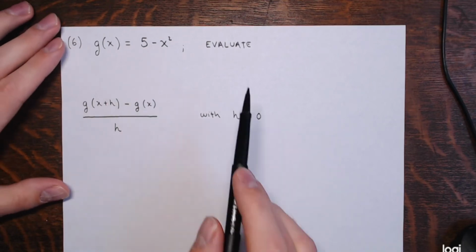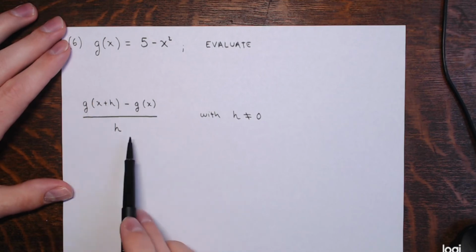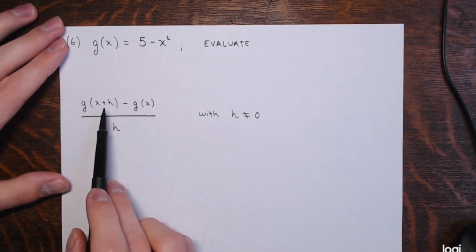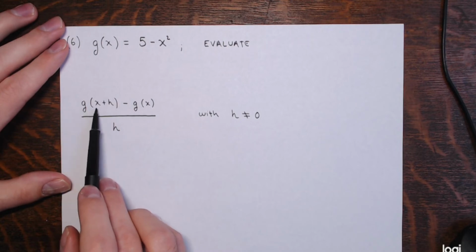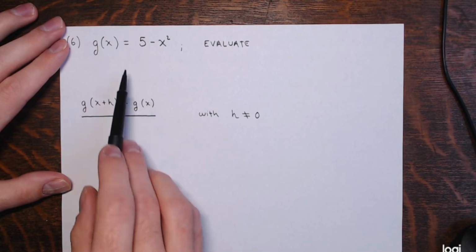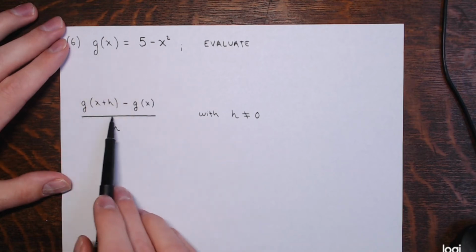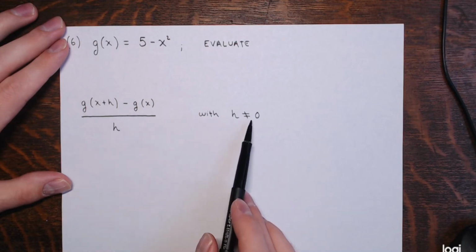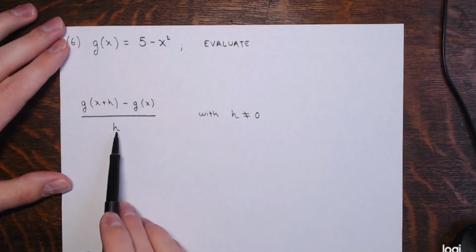Now we're asked to evaluate the following expression. Now notice there's a couple instances of g in this expression. We have g at x plus h minus g at x, which is already given to us, and then all that in the numerator, and then h in the denominator, obviously with h not 0, right? You can't have 0 in the denominator.